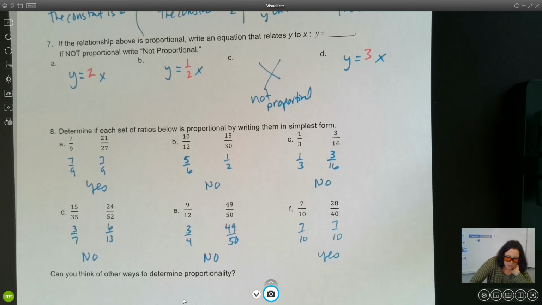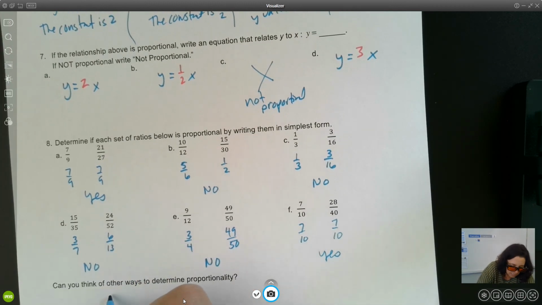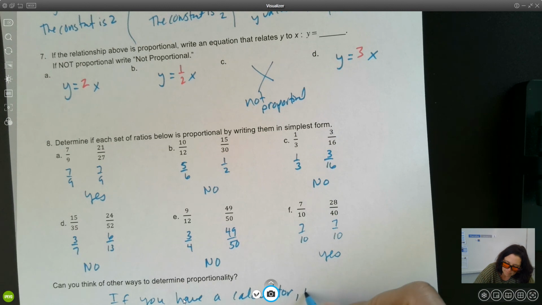Okay, can you think of other ways to determine proportionality? I can. One way that we didn't do it here is if you have a calculator, you can divide the numbers.